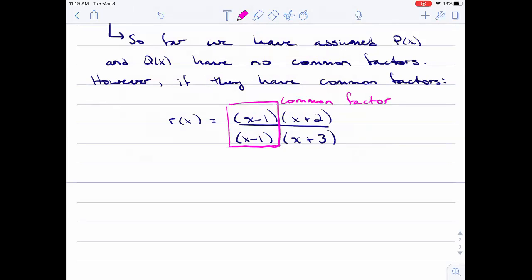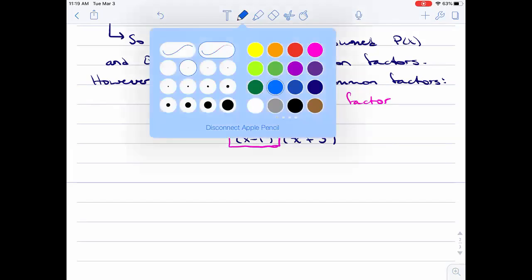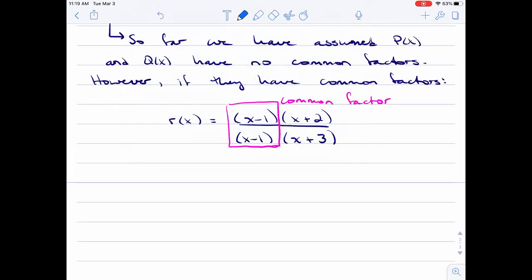A common factor. So when we're looking at finding our vertical asymptotes, for example, we would say, okay, well, x minus 1 is 0 when x is 1, and x plus 3 is 0 when x is negative 3.